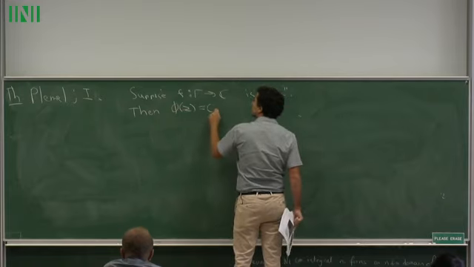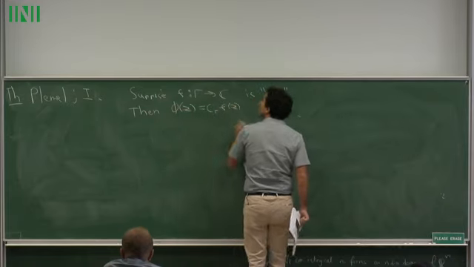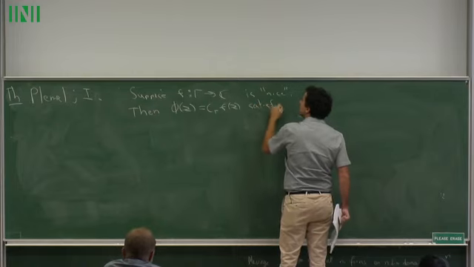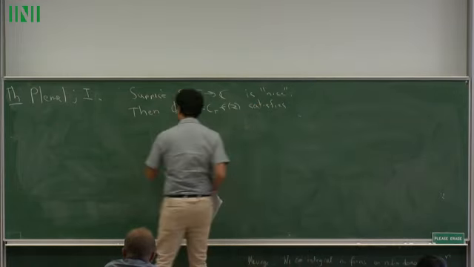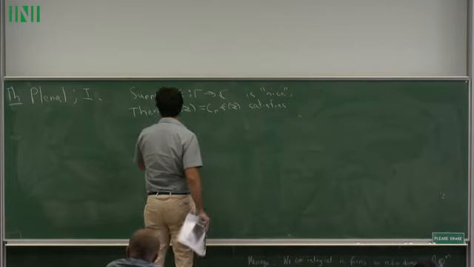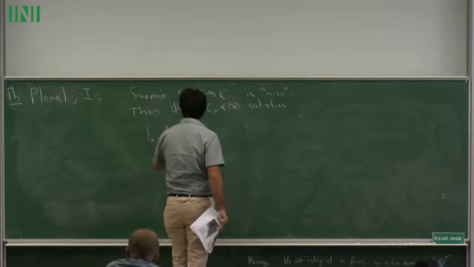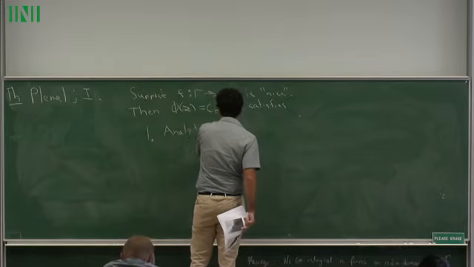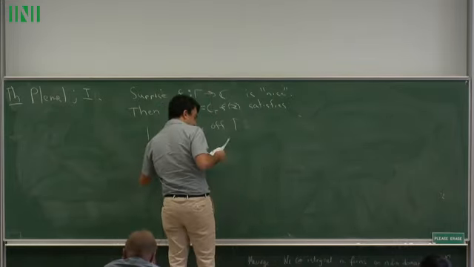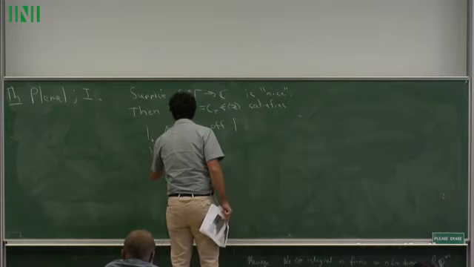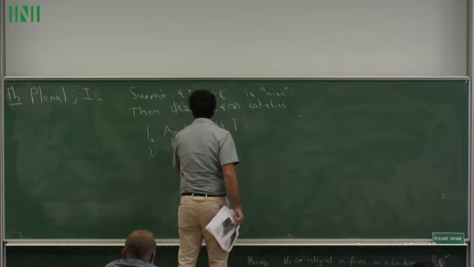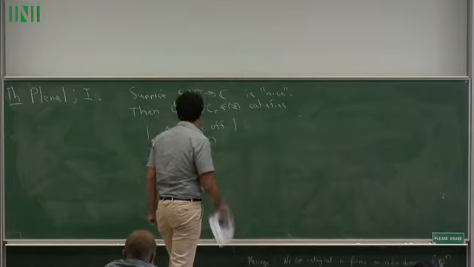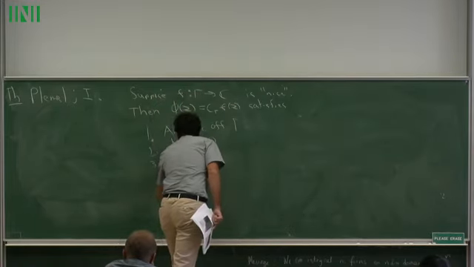Then the Cauchy transform of f satisfies the following properties. One, it's analytic off gamma. Two, it decays at infinity. Three, it has weaker than pole singularities.